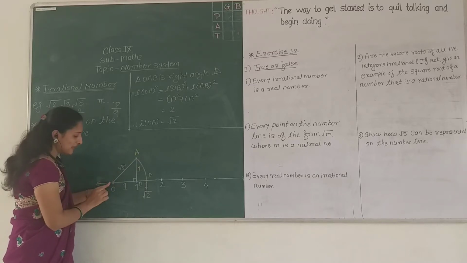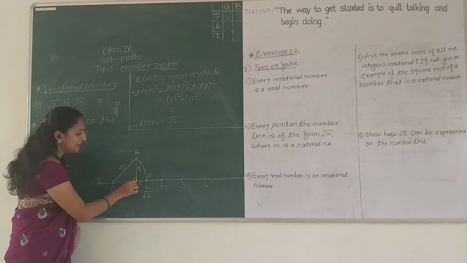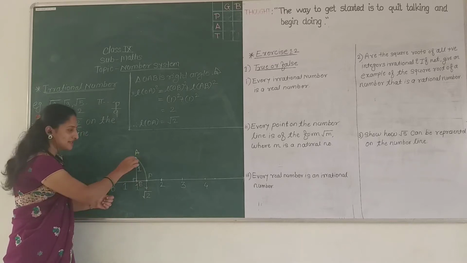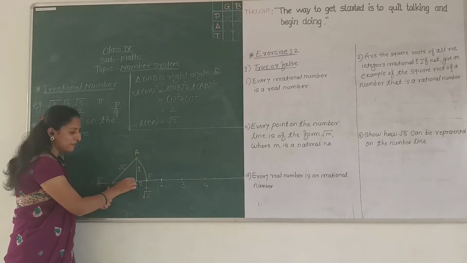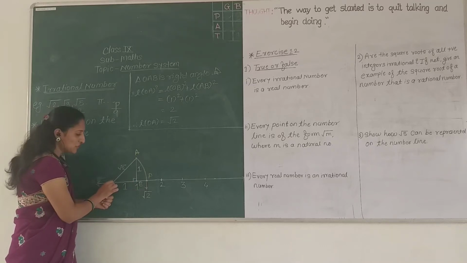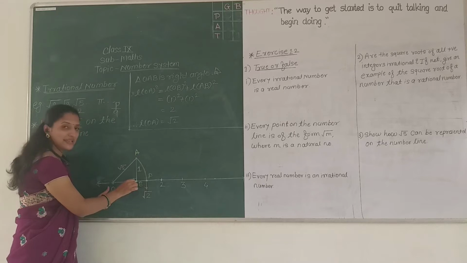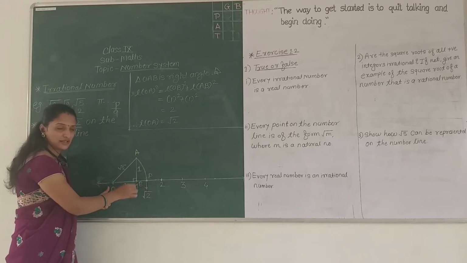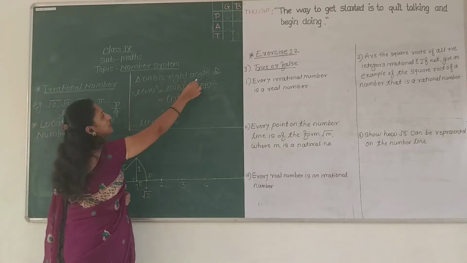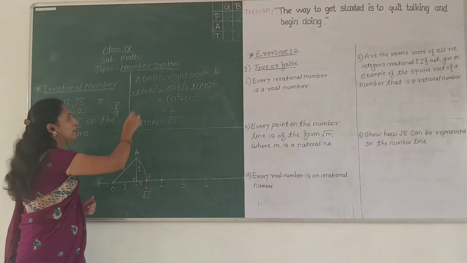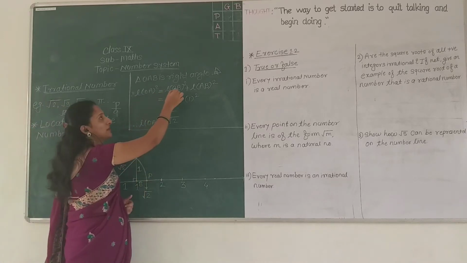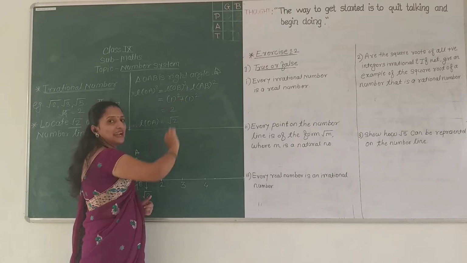Now we get OAB is a right angle triangle, since AB is perpendicular on the number line at the point 1. So by Pythagoras theorem, hypotenuse square is equal to side 1 square plus side 2 square.